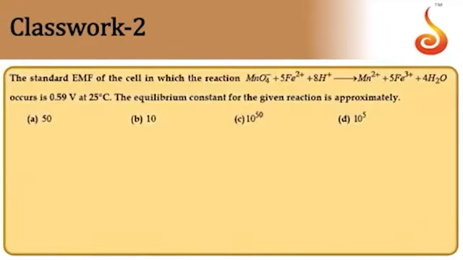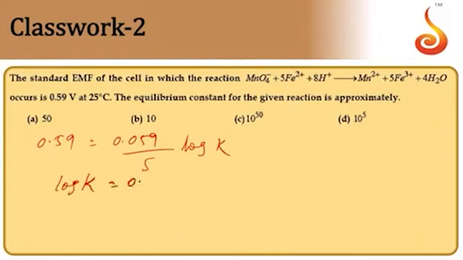Therefore, 0.59 is equal to 0.059 by 5 into log K. Log K will be equal to 0.59 into 5 by 0.059.